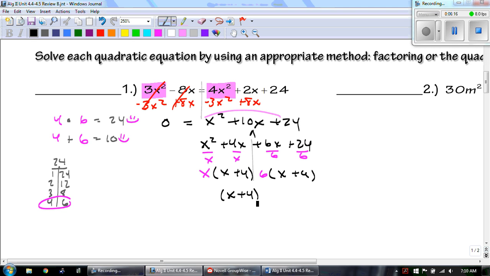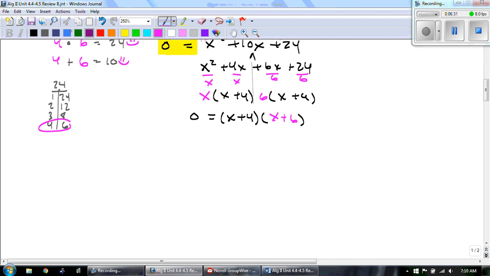So I have x plus 4 and x plus 6 equal to 0. Don't forget about this equal to 0 part, okay? Sorry, and that one was x plus 6. So now everything with the variable we set equal to 0. So x plus 4 equal to 0, x plus 6 equal to 0, and we get that x equals negative 4, and x equals negative 6.